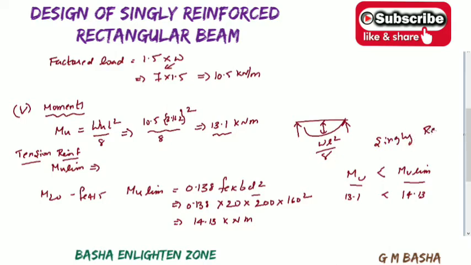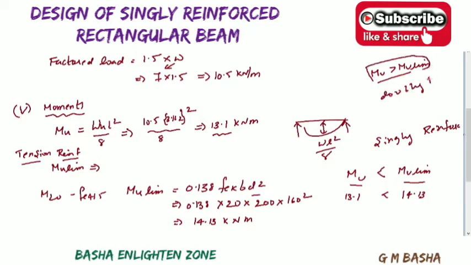This problem comes under the design of a singly reinforced beam. In the question it is already mentioned to design a singly reinforced beam to suit the following data, but if it is not mentioned like that, you can follow the step by step procedure up to here and check whether it comes under a singly reinforced beam or a doubly reinforced beam. If your Mu is greater than Mu limit, then you can go for the doubly reinforced design.